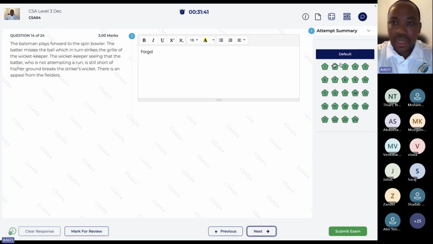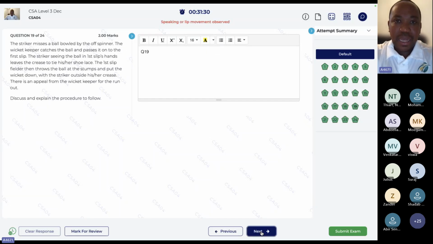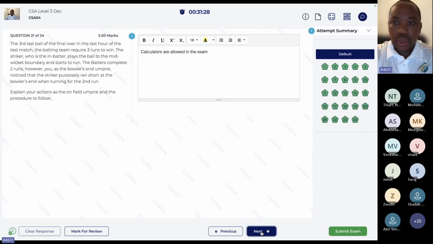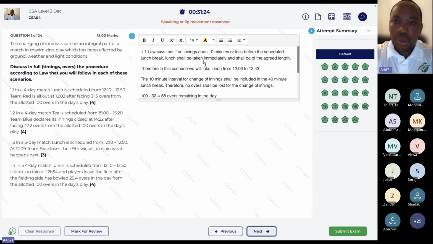So now that we have seen everything is green, I'm happy to submit the exam. Of course, what this shows you is that you can go through all of your questions again if you want to check your answers before submitting, all the way from question 1 through to question 24, or however many questions there are.